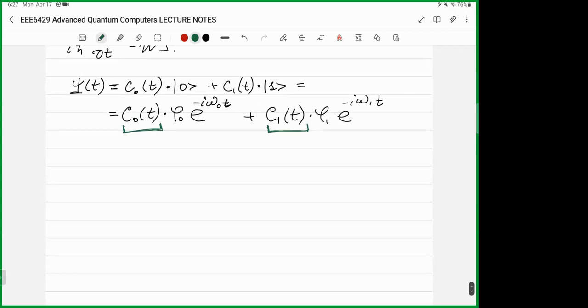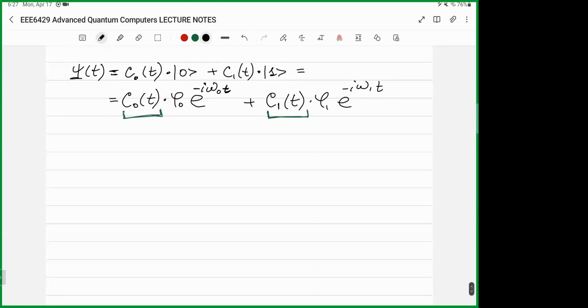All right, so now, instead of putting this into the Schrödinger equation directly, let me take the time derivative of this function. Let me write this step by step. I have c sub 0 phi 0 e to the power of minus i omega 0 t, plus c1 phi 1 e to the power of minus i omega 1 t.